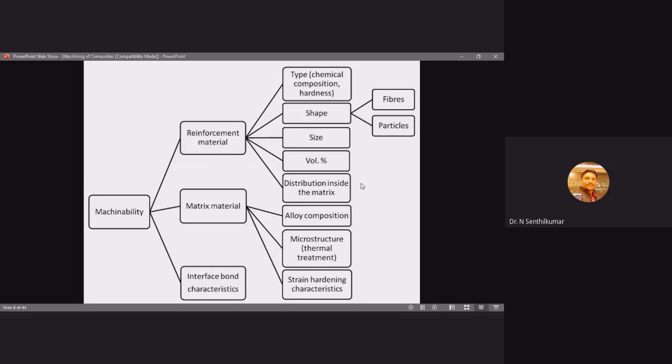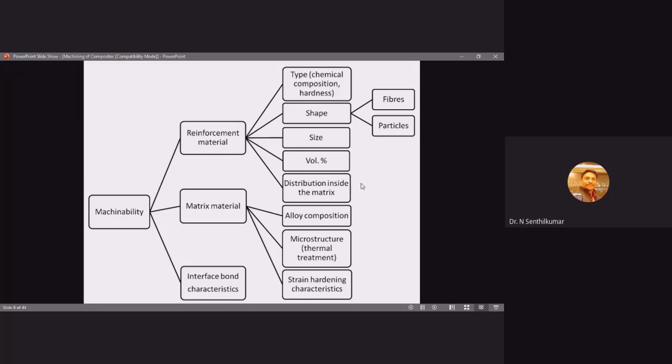That's why during the introduction part of the composites, I told the first thing that we have to do after performing the fabrication process is looking at its microstructure, because of how the reinforcement particles are being distributed.